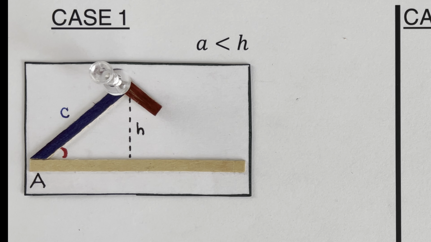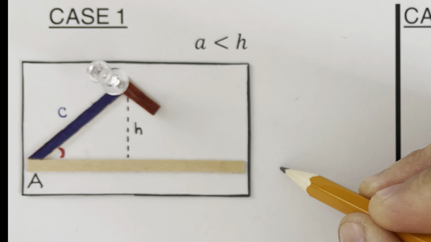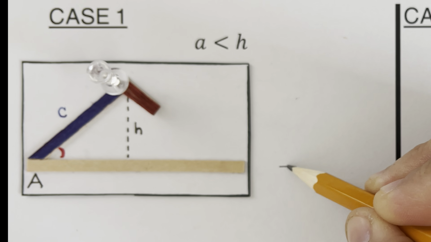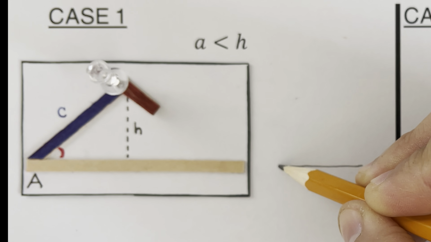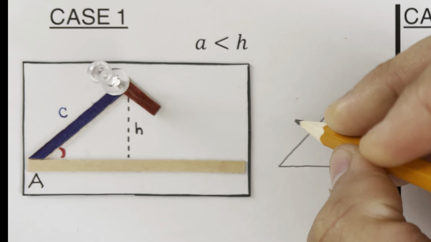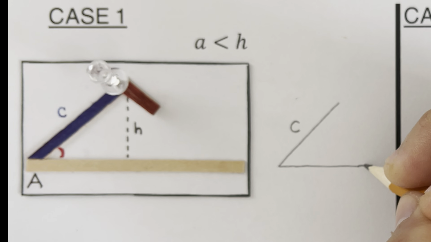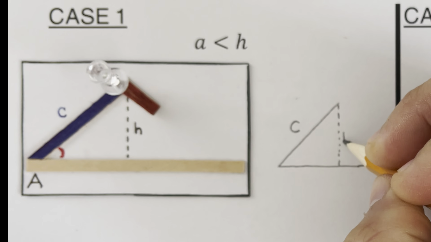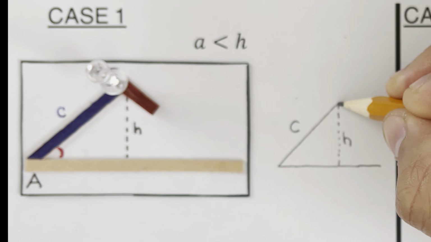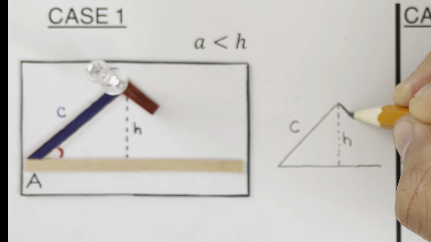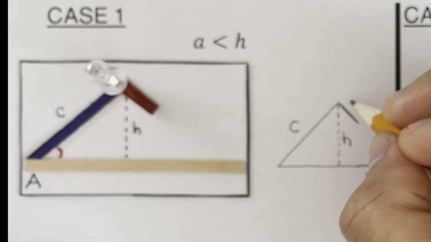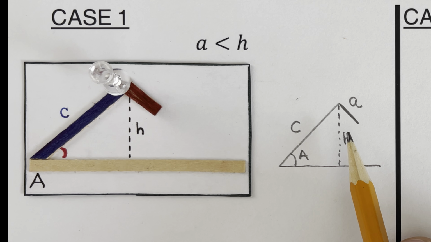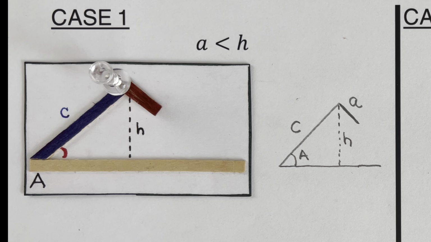So this is the first case, so let's go ahead and draw this situation. This is the triangle right here. Again, this is side c and this is our h. If a is shorter than h, this tells us that we cannot create a triangle.